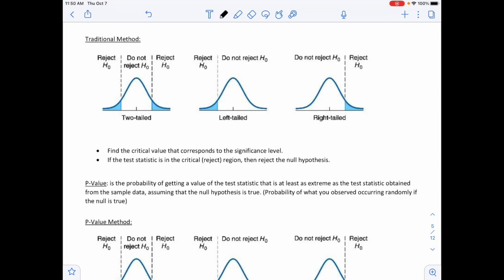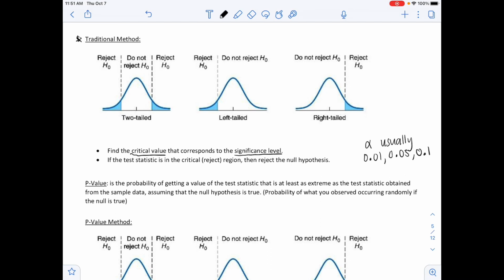The first one that we have is the traditional method. The traditional method says you're going to find your critical value that corresponds to the significance level. And again, your significance level is your alpha. Alpha is usually going to be a value such as 0.01, 0.05, and 0.1.